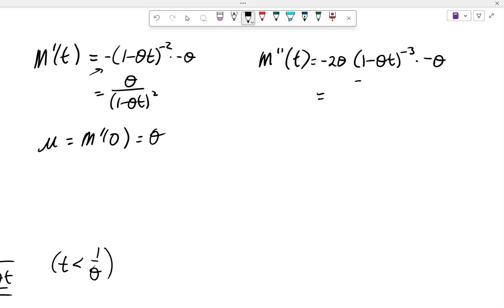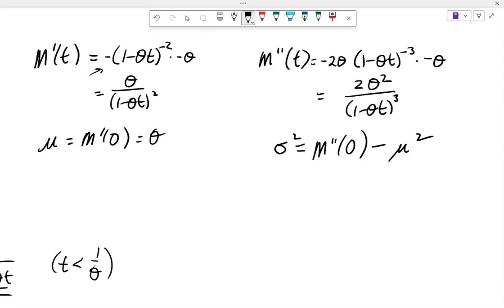So we end up with 2 theta squared over 1 minus theta t to the third. How do we find the variance using this? Yes, put in 0 and then subtract the mean squared, right? What do you get when you plug in 0?